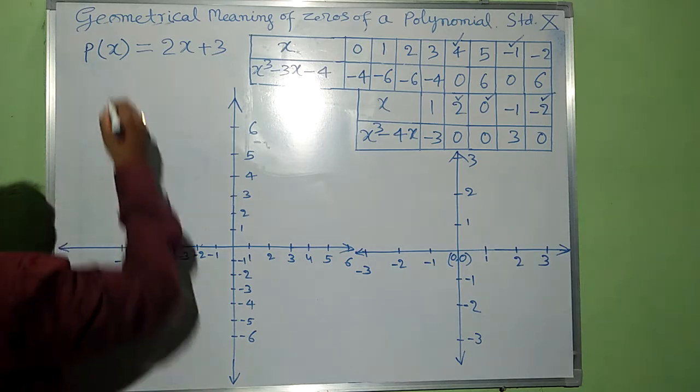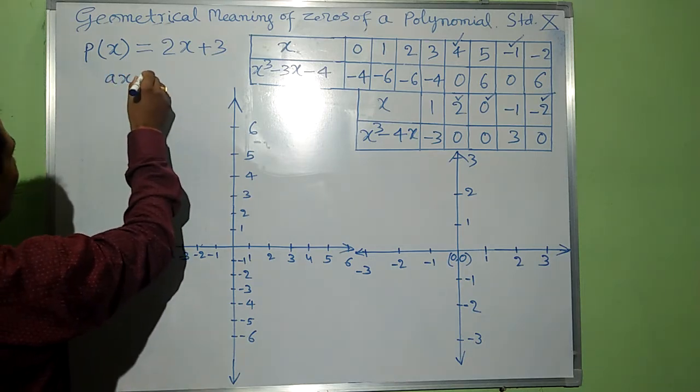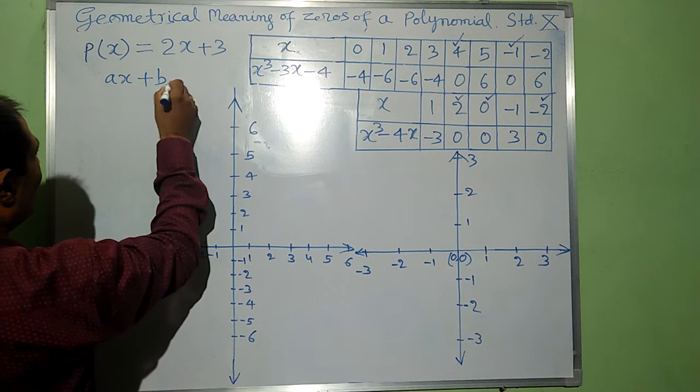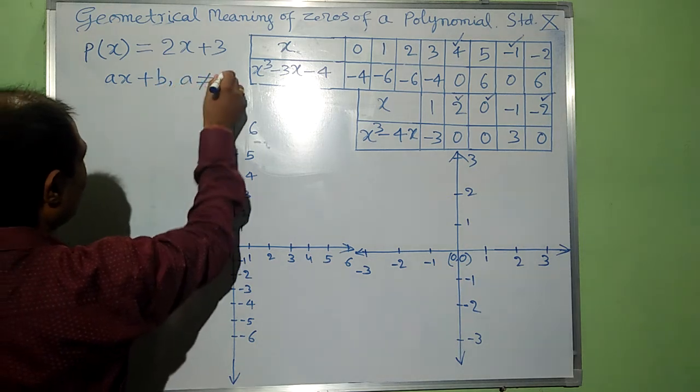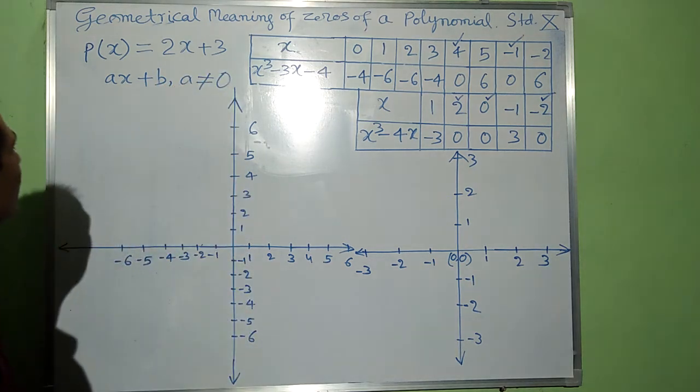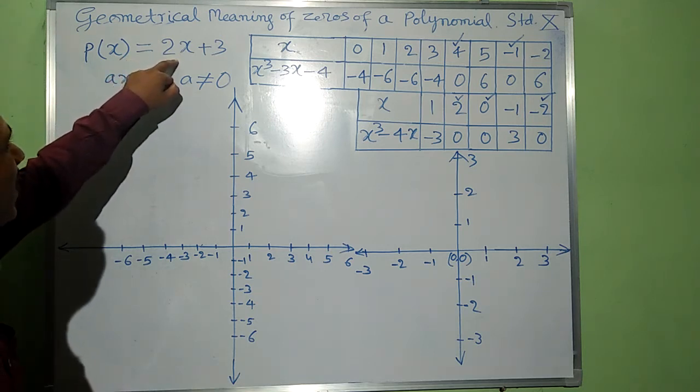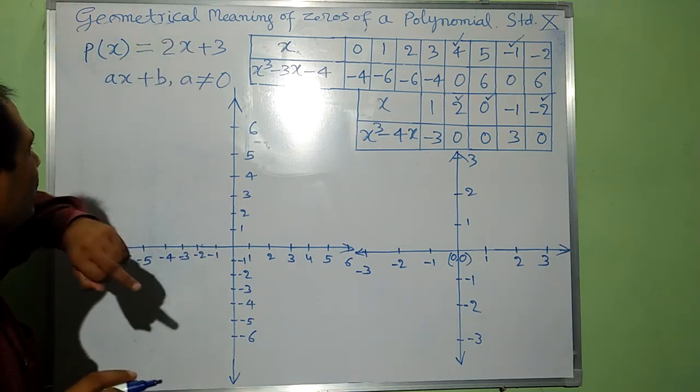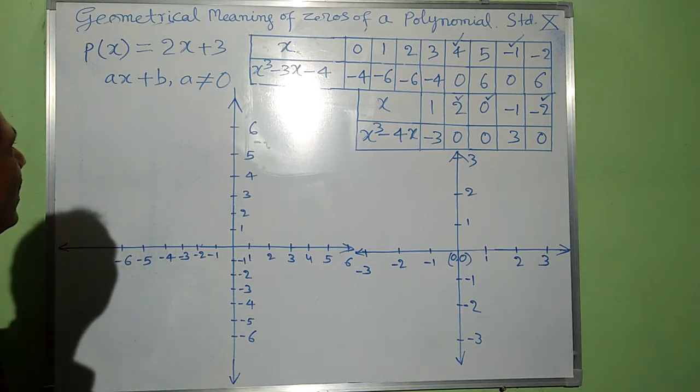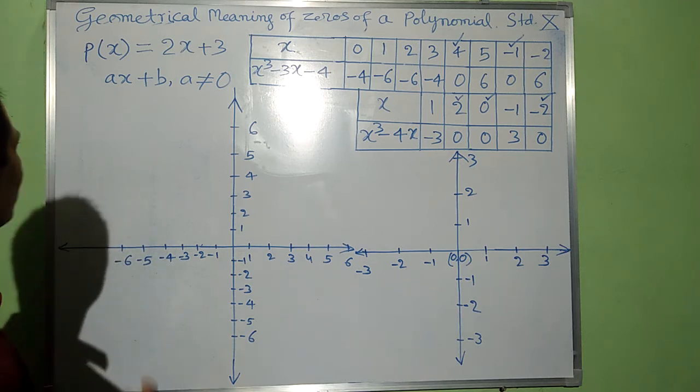Its standard form is ax + b, where a is not equal to 0. Then it is a linear polynomial of degree 1, and it will give us a straight line.